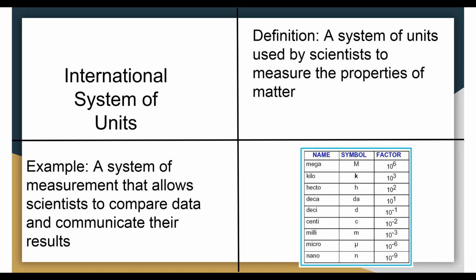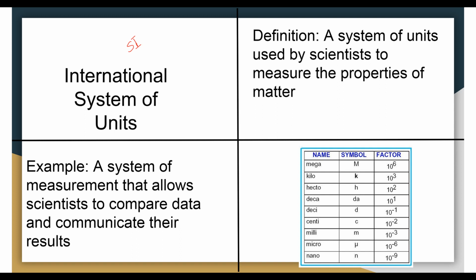Our next word should look familiar, and that's because it's the International System of Units. Now this is something we talked about in our past units on our metric system. The International System of Units is sometimes referred to as the SI. So if you've maybe seen it written as the SI, with a capital I, then that is the same thing.